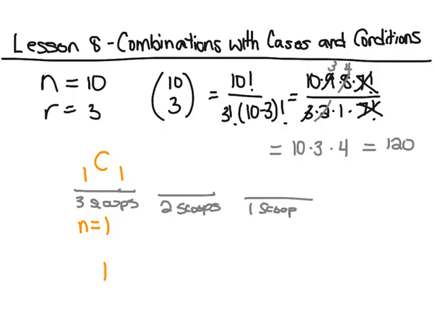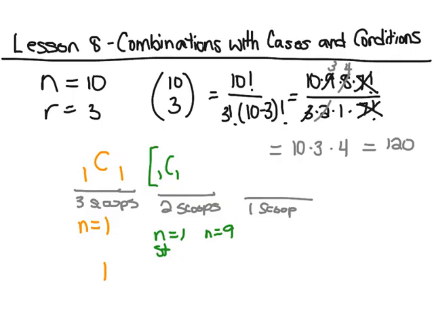There's also the option if there's 2 scoops. So that means that in total you have 1 for the strawberry, and there's 9 left for your remaining scoop. So for your scoop of strawberry, you're going to take 1C1.